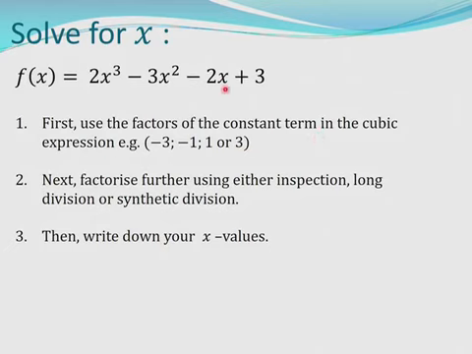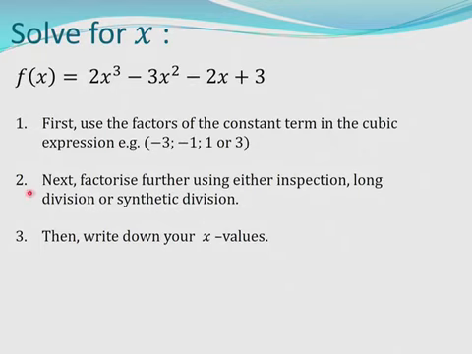The factors of that positive 3 are minus 3, minus 1, positive 1, or 3. We substitute each of them individually into this cubic polynomial to see whether the remainder is equal to 0. Only when we get 0 on our calculator do we know that that is definitely a factor.